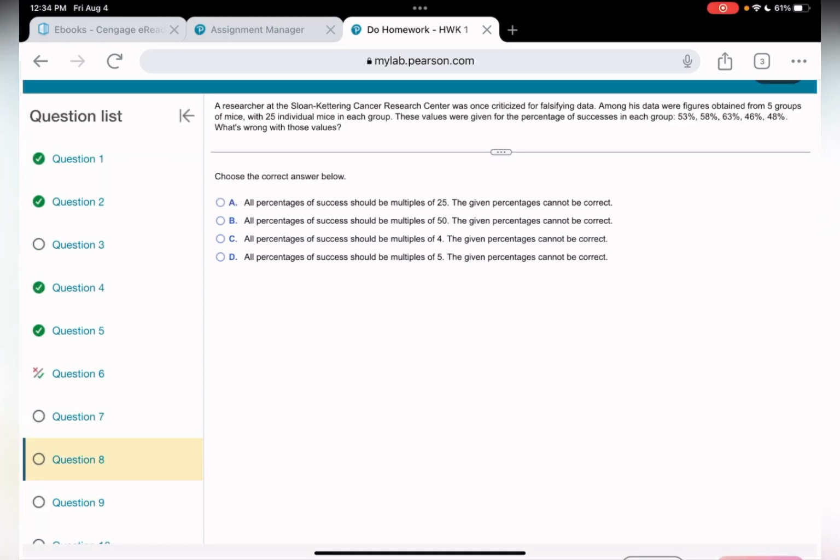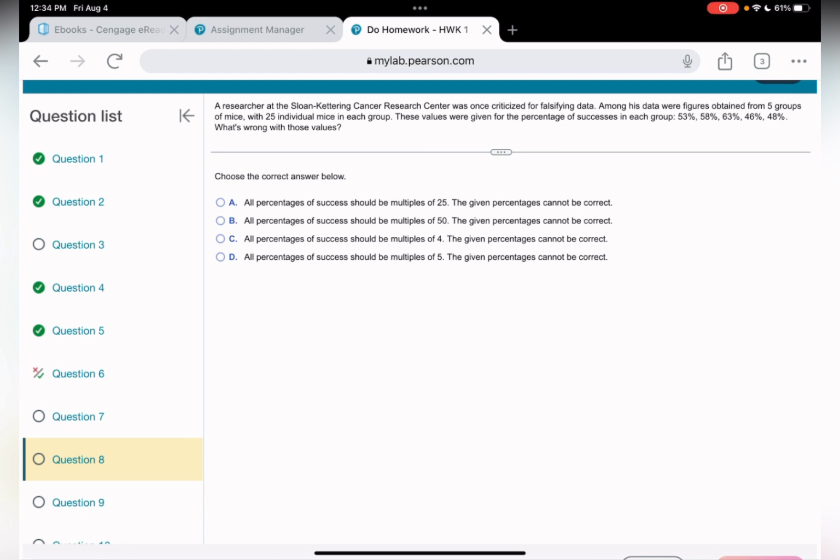So to solve this problem, we're going to take these 25 individual mice in each group, and we need to convert into how much each mouse means in percentage. To find out, we are going to take 100% and divide by 25.